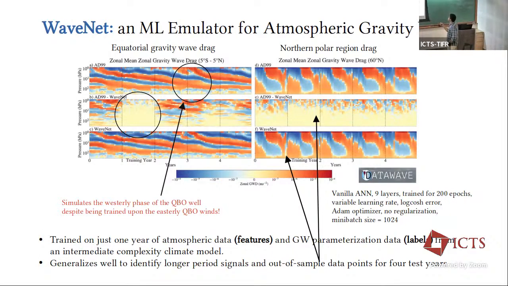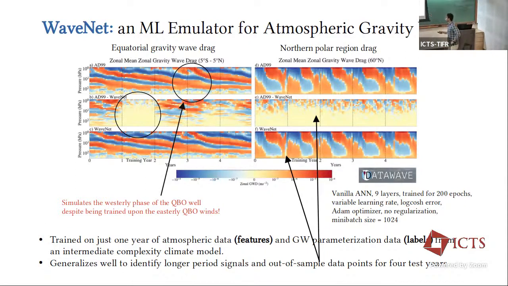Similarly, if you look at the wave drag in the northern mid-latitude stratosphere at 60 north, you'll see the parameterization for the training year generated this drag right here. And for the other years, you see again these alternating patterns reminiscent of the seasonal cycle.